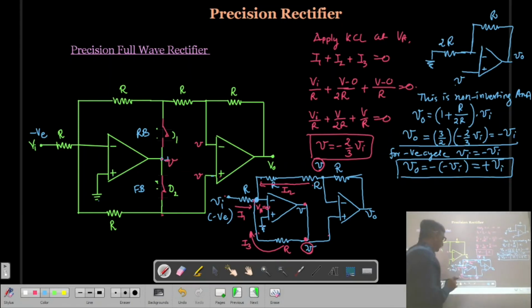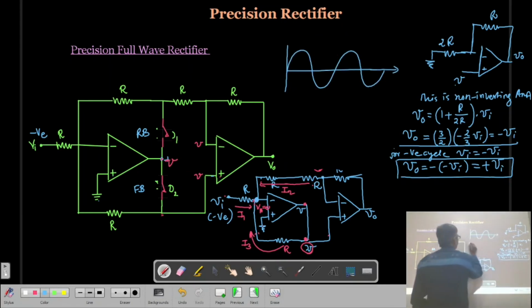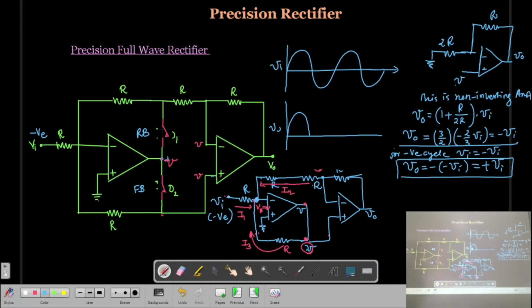So here if we draw this waveform, then again for the positive cycle, my output voltage will be there. In that case, D1 will be on, D2 is off.